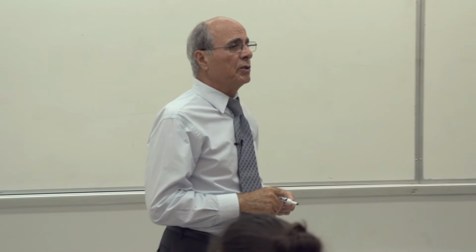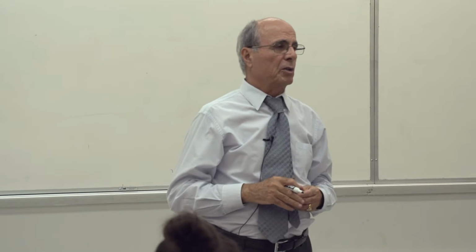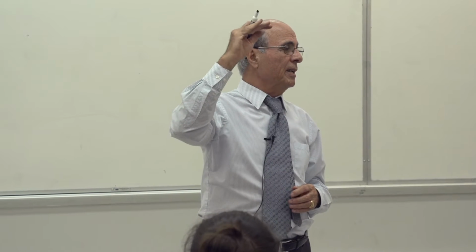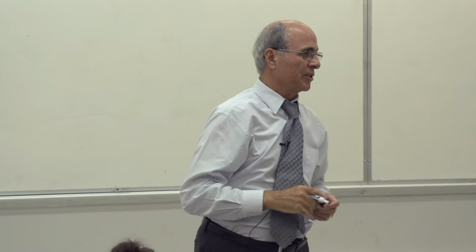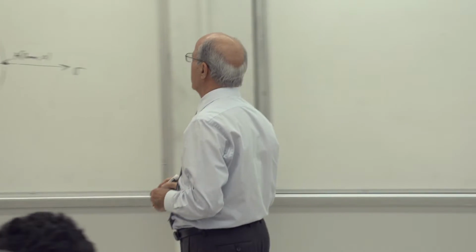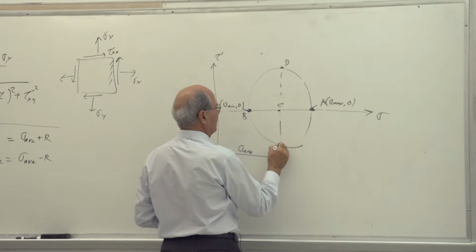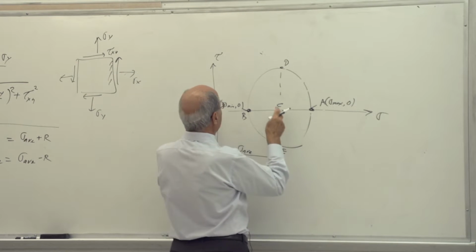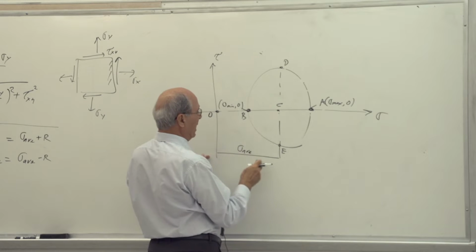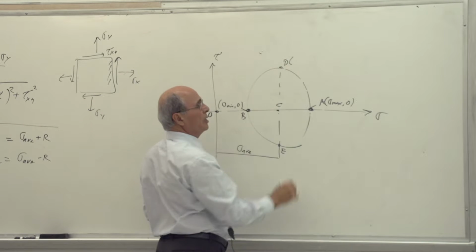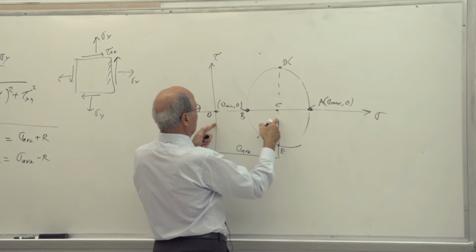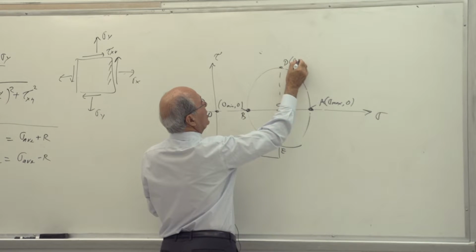What are those 2 points on the top and bottom? Because those show the maximum shear. That's right, the maximum shear stress. If I'm looking in my handout, I call this one D, I believe, and this one E. But here you have a sigma as well. So for this point, if I want to calculate the coordinate, the sigma is sigma average. Everybody understand that?